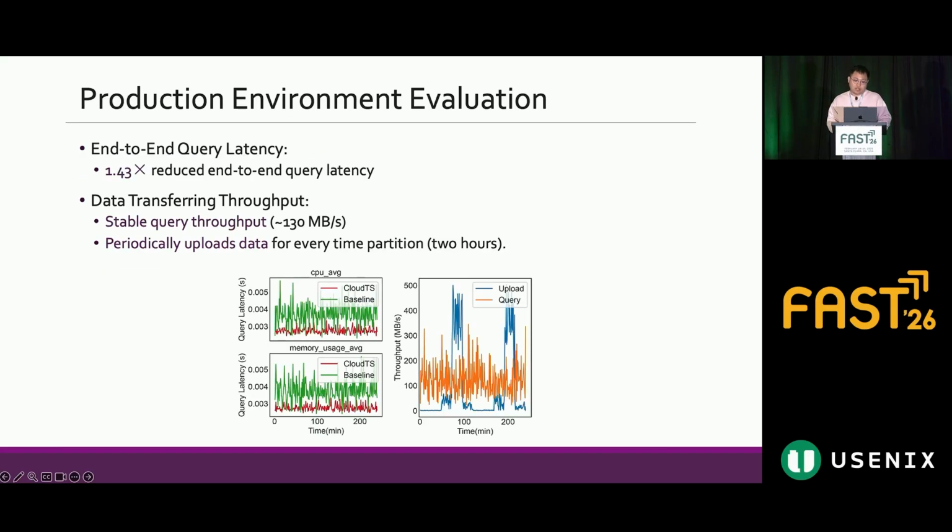So for the production environment evaluation, we can improve the end-to-end query latency by 1.43 times, and we also show the data transfer throughput. So you may find that we have a stable query throughput, and here we have periodic upload throughput. This means that for each time partition, we upload it when we process the corresponding time partition.